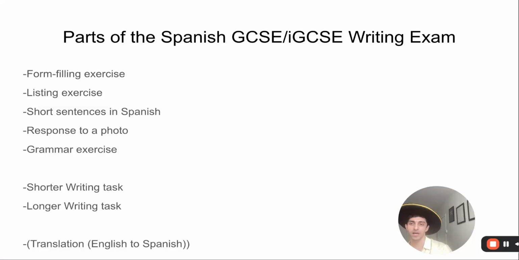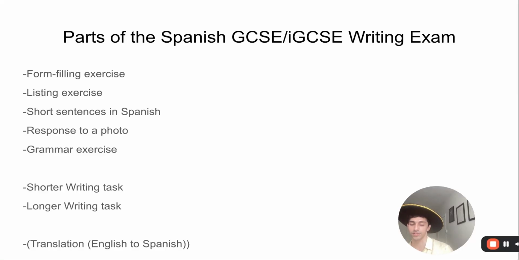Okay, now these are the possible parts of your Spanish GCSE or iGCSE writing exam. It should go without saying, really, that nobody will have to do all of these tasks. That would be a lot. And the exact number of tasks you have to do and the nature of those tasks does depend on your exam board, as well as on whether you're doing foundation or higher tier, potentially too.